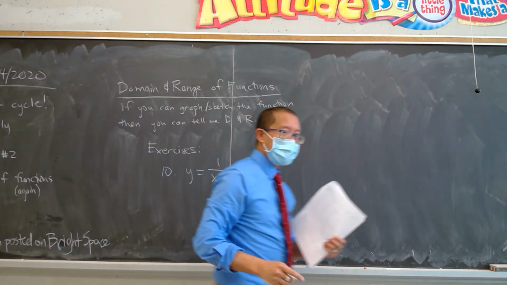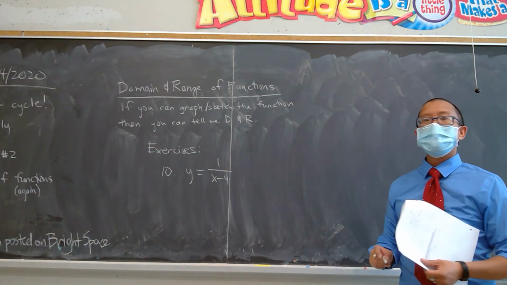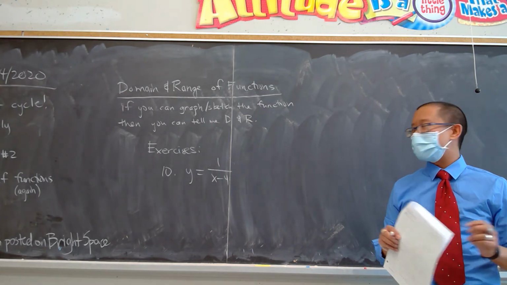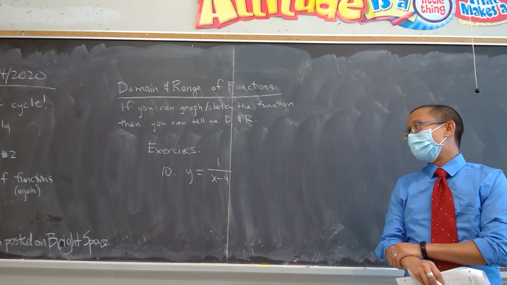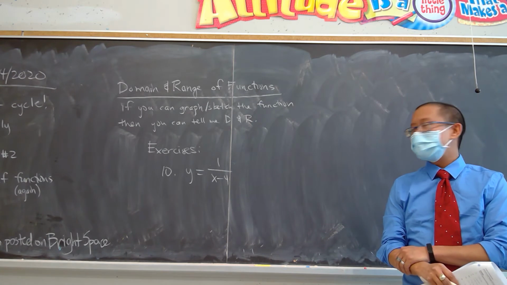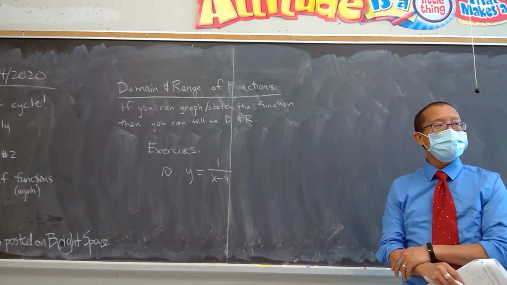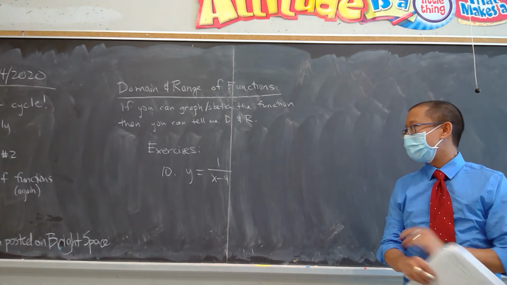y is equal to 1 over x minus 4. So clearly this is not a quadratic, not a cubic, not a root function, nor absolute value. It's probably the reciprocal function, right? And if I were to ask you what this looks like, it's probably a horizontal shift right 4 units.